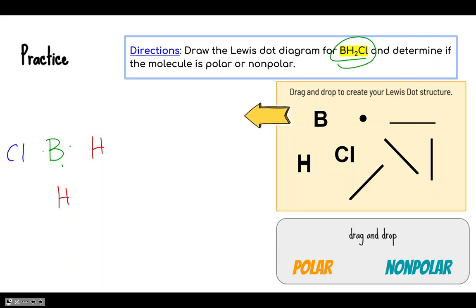How many dots does hydrogen get? 1, very good. How many dots does the chlorine get? 7. And I strategically place them so they all face inward, the open one faces inward towards the boron. We connect our dots like so. Right? So we end up with this.